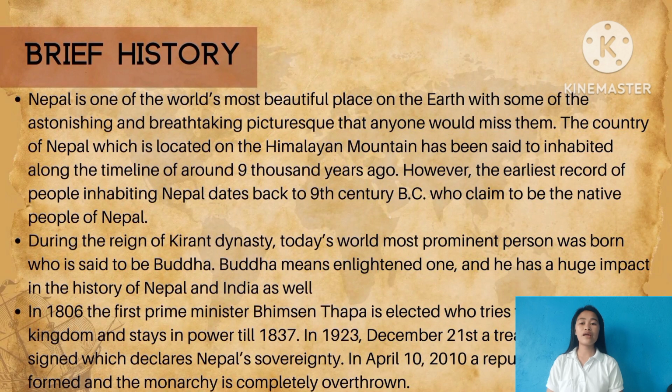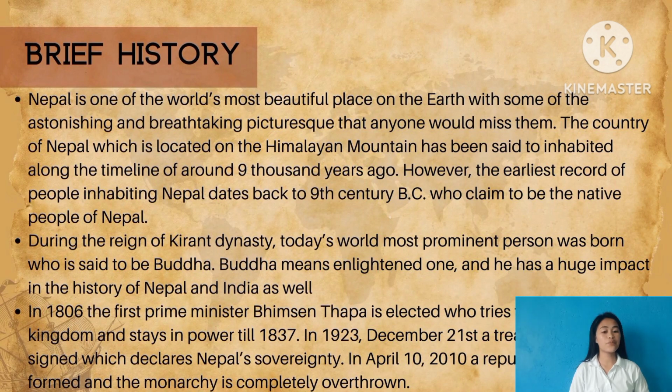But during the reign of the Kirat dynasty, today world's most prominent person was born, who is said to be Buddha. Buddha means the enlightened one, and he has a huge impact in the history of Nepal and India as well.